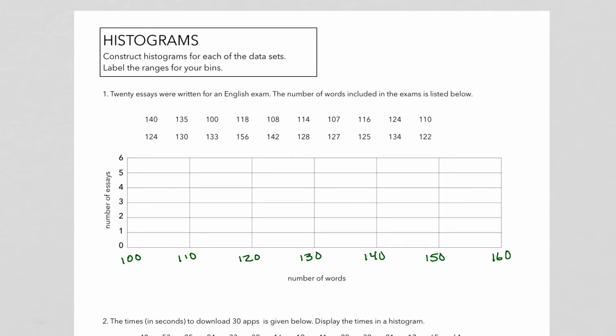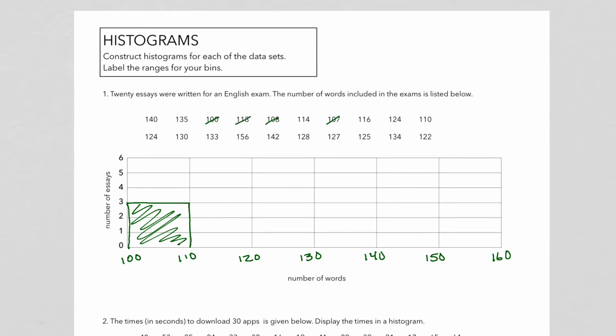Between 100 and 110, we have 1, 2, 3. Looks like 3. So from 100 to 110, we would make our first bar like this. You can color it in if you want to. You don't have to. And between 110 and 120, let's see what we have.